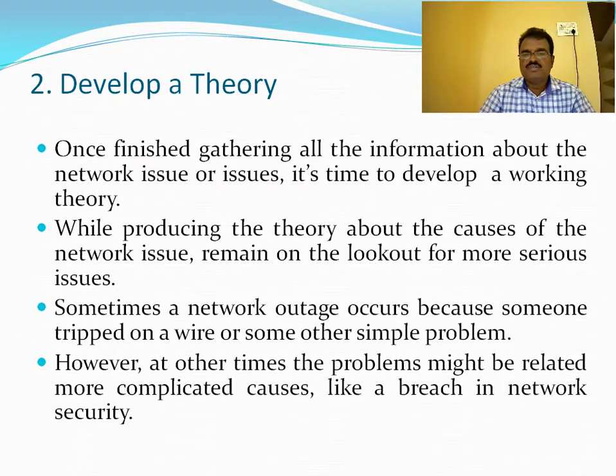Sometimes a network outage occurs because someone tripped on a wire or some other simple problem. However, at other times, the problems might be related to more complicated causes like a breach in network security. So after gathering the information, we have to think about whether any serious issues may occur in the future also. So we have to note all this down.